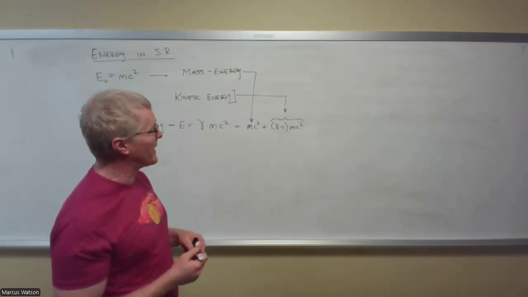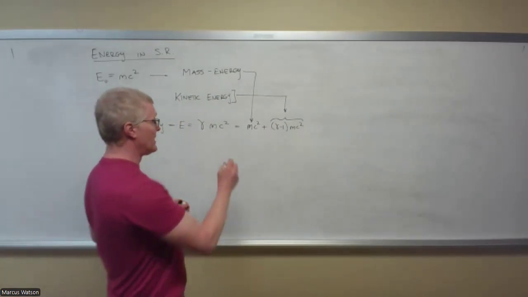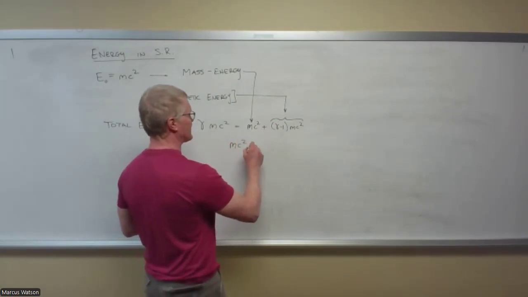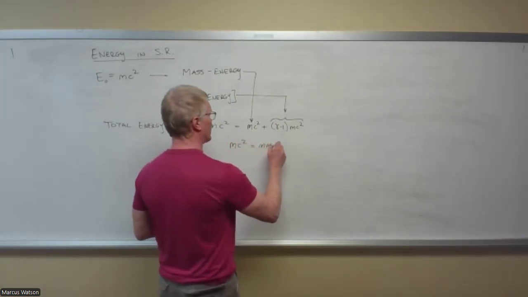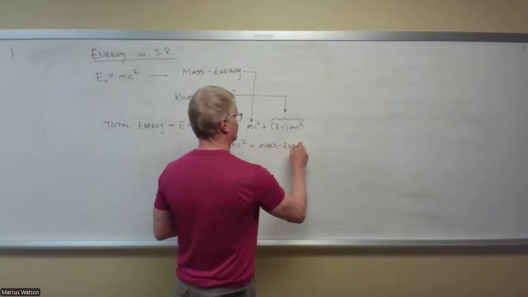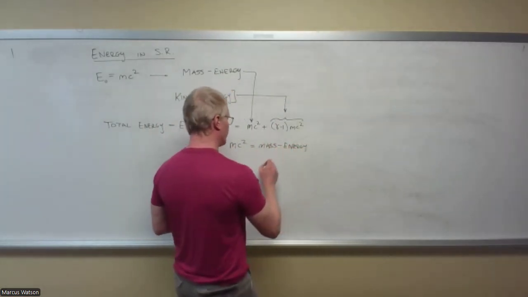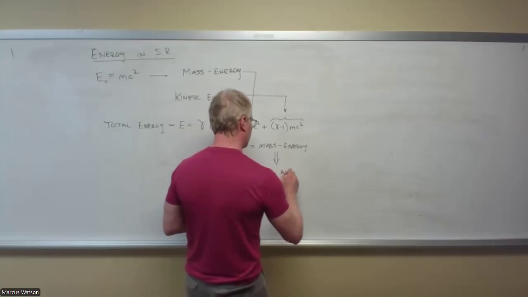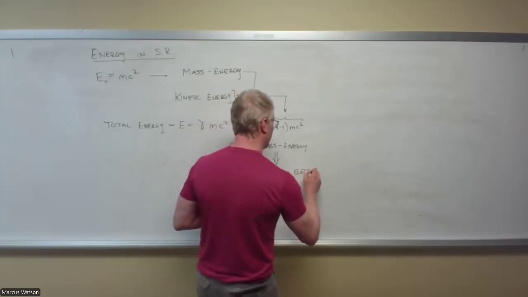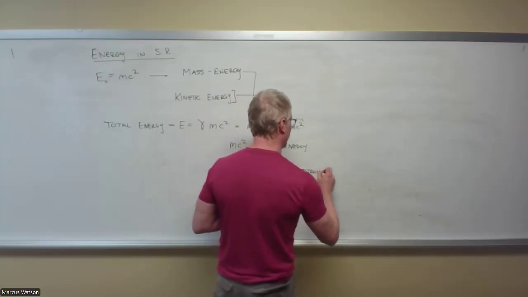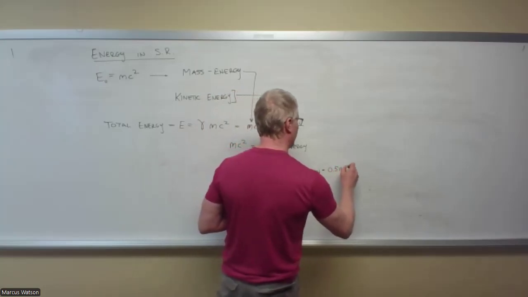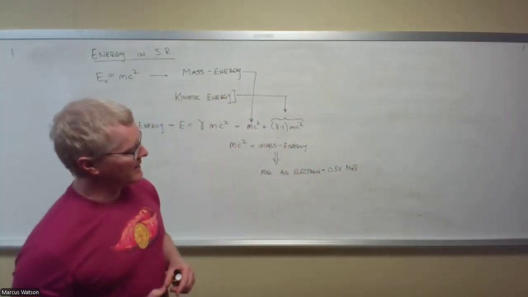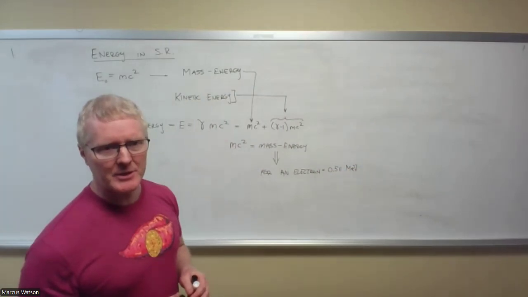And since we know what mc squared is for an electron, if, by the way, you don't know that, mc squared, in other words, the mass energy of an electron, for an electron, this number is going to be 0.511 MeVs. And an MeV is 1,000,000 electron volts.